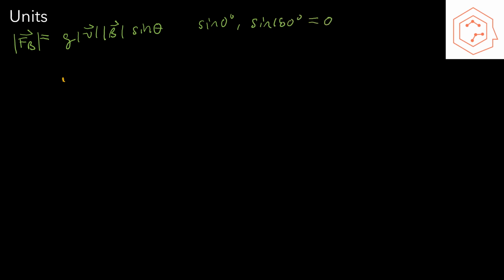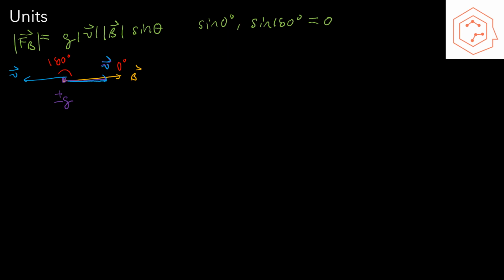This means that if we have a magnetic field moving in some direction, then we have a charge, positive or negative, moving parallel to this magnetic field. So either with the magnetic field or in the opposite direction of the magnetic field. If it's moving with the magnetic field, the angle between the velocity vector and the field vector is 0 degrees. If it's moving in the opposite direction, the angle is 180 degrees.